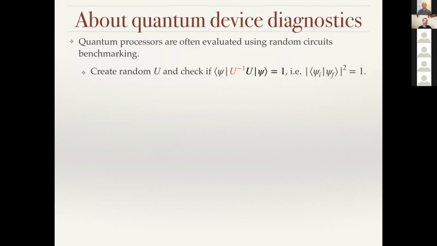More specifically, in randomized benchmarking, the key element is that given a certain circuit U, you also implement U^{-1}, or U dagger. If the implementation is perfect, then this will be equal to the identity, and therefore this expression, which is the survival probability, will be equal to 1.